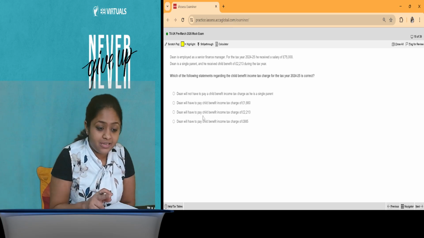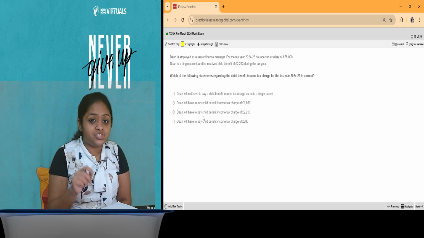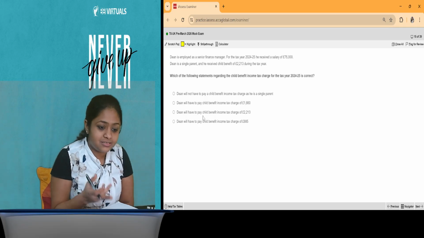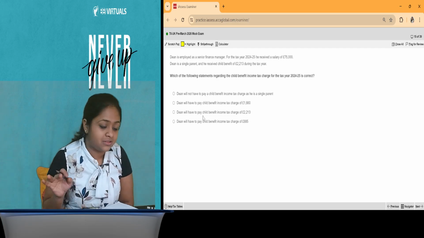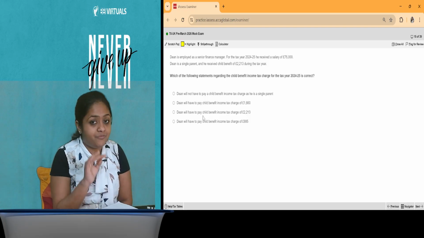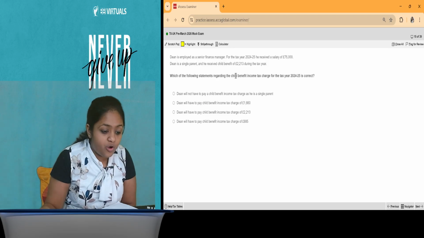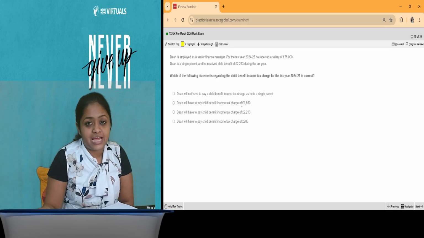He has a salary of 75,000. We need to calculate first what is the adjusted net income, which is here the same amount only because there is nothing else. Since it is between 60 and 80,000, we will have the child benefit charge calculated. Which of the following statements regarding the child benefit tax charge is correct?